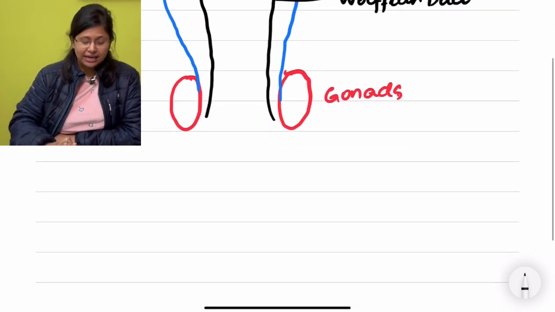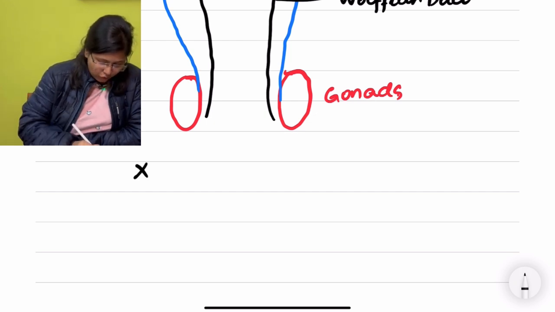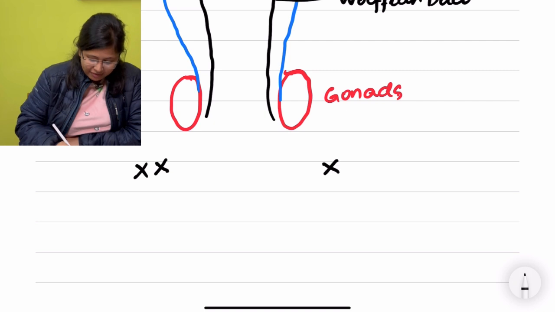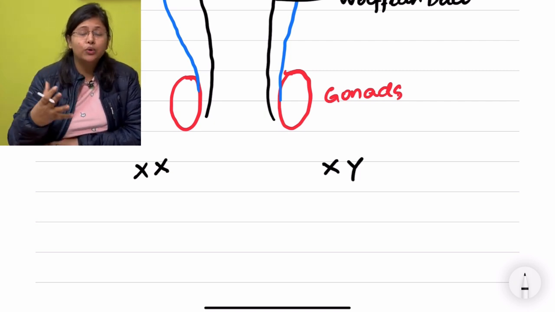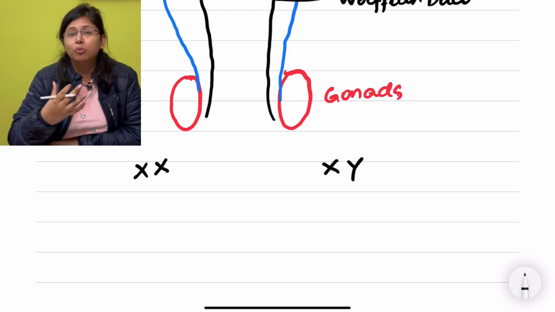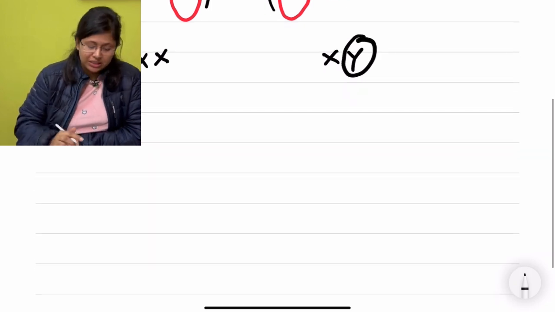And these are the gonads. The default mode of the body, if there are no external stimuli, is to develop the Mullerian duct. So if we need the male to form normally, we need some external stimuli, and who provides that is the Y chromosome.